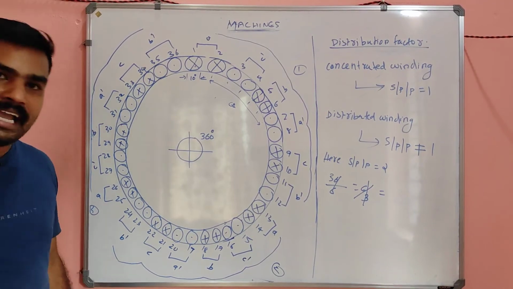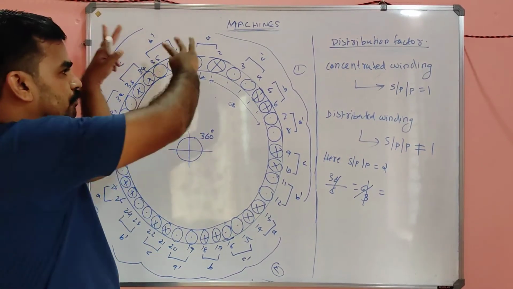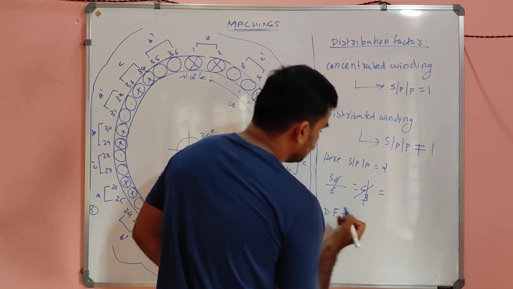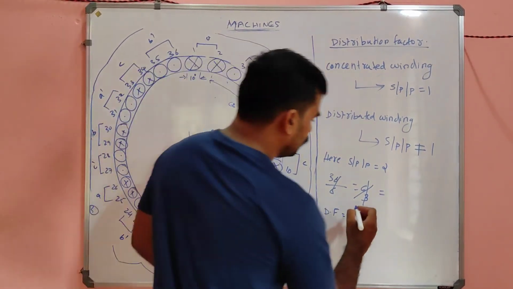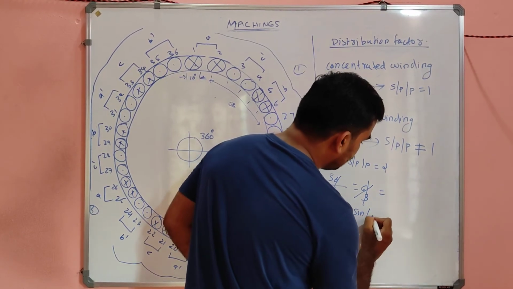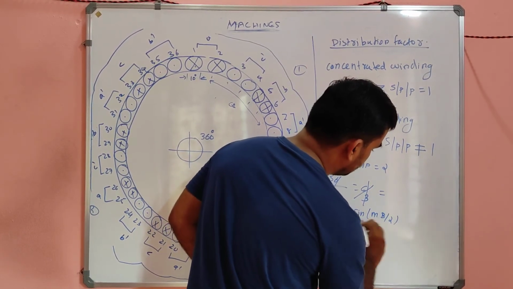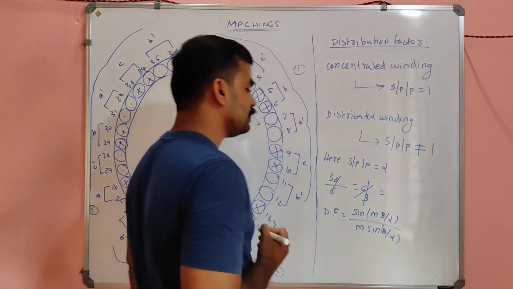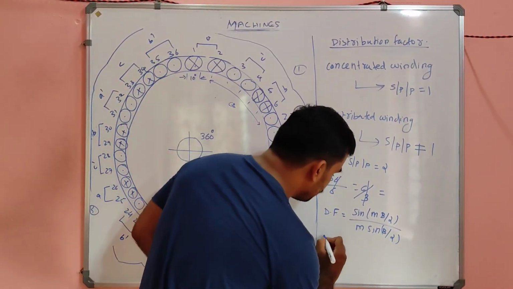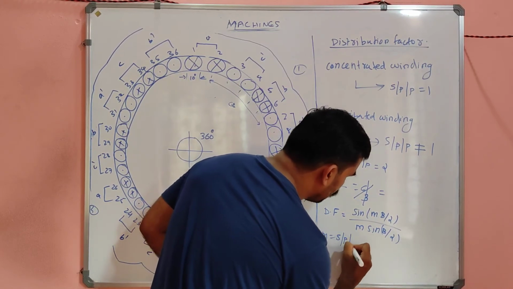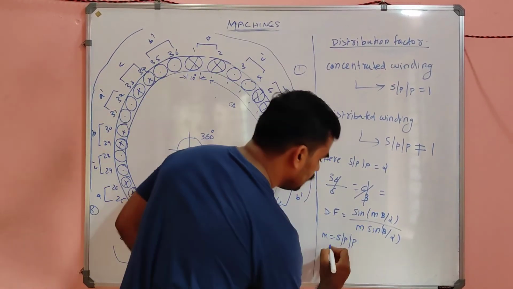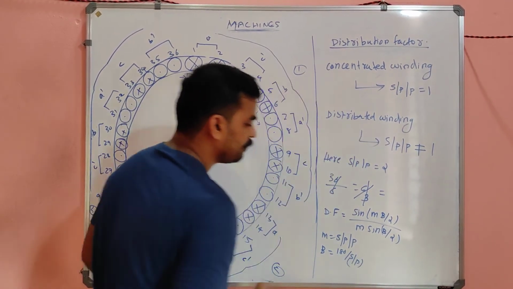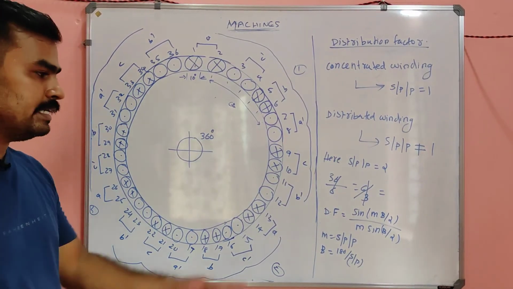And there is a factor again, due to this distribution of windings, called the distribution factor. Distribution factor is equal to sin m beta by 2 divided by m sin beta by 2, where m is equal to slots per pole per phase and beta is equal to 180 divided by s by p.